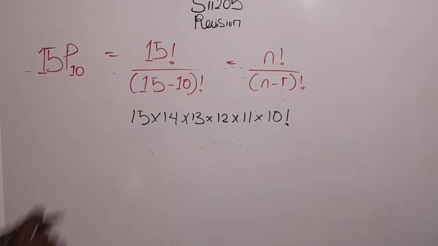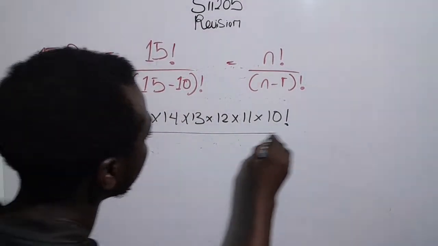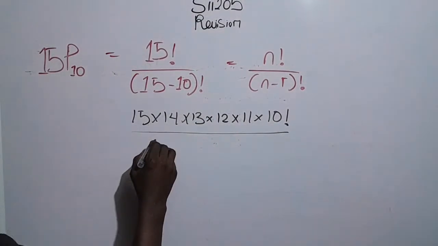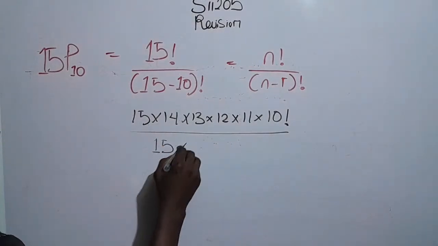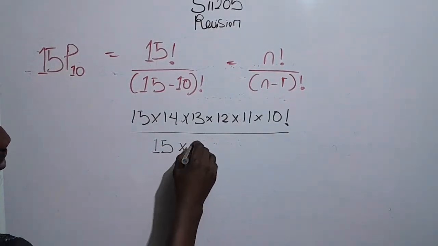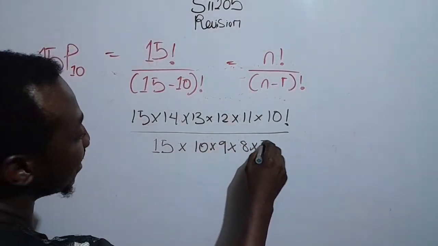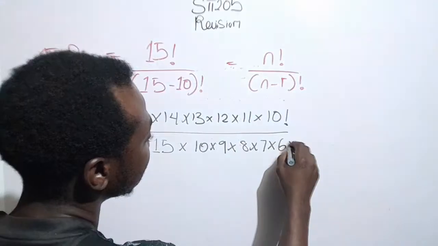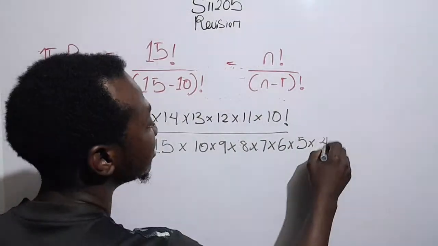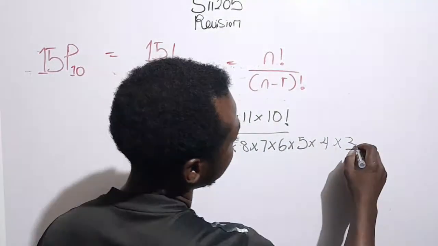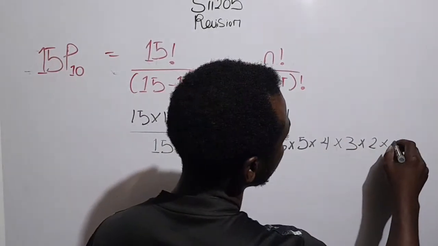Why? Because you already have 10 times 9 times 8 times 7 times 6 times 5 times 4 times 3 times 2 times 1.